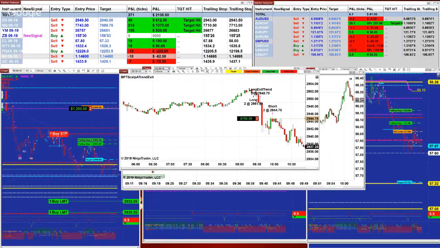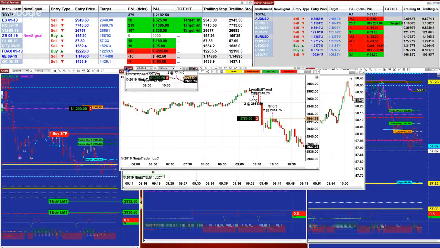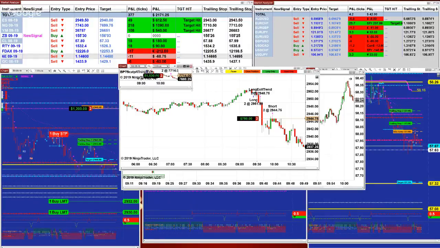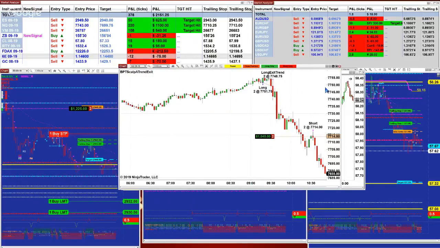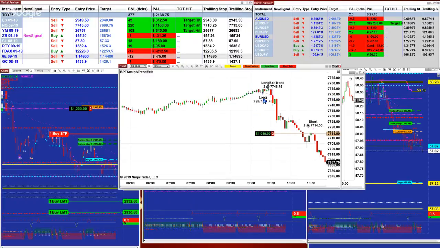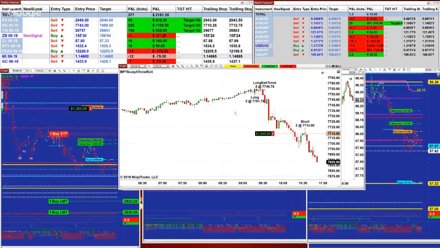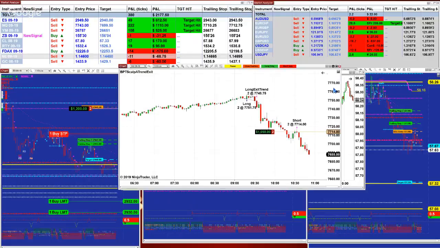And we're still on that trade with the Nasdaq. The Nasdaq is about to finish. We had one bad trade. We started around 9 o'clock, had one bad trade and then nailed it. This is a nice trade.